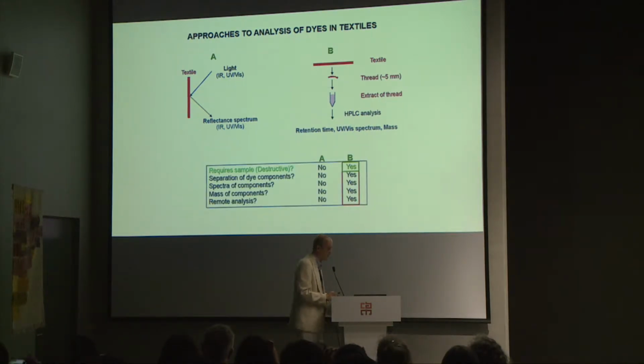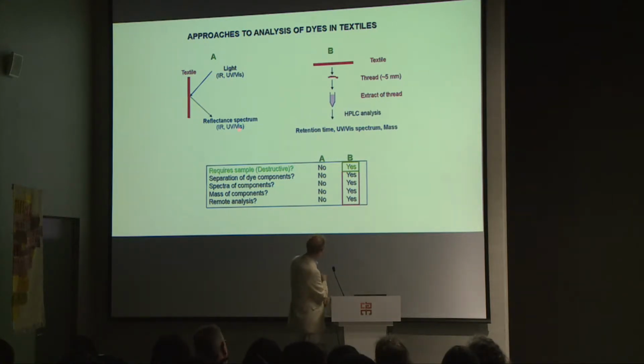And this is the technique that we use. And comparing them, you can get much more information by this approach. You can see that you get, and the important thing is separation of the components.